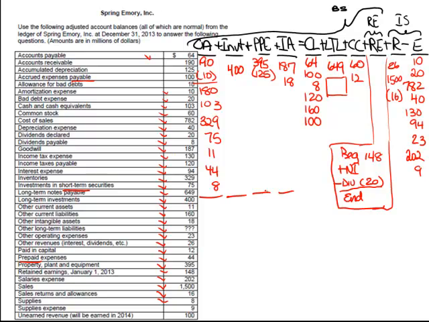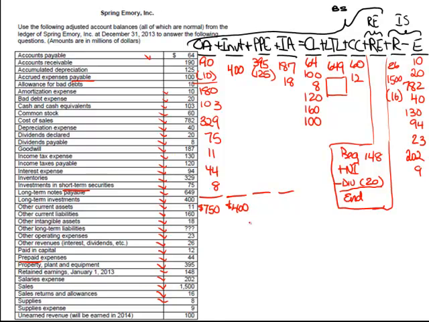As we can see, we can take that net realizable value of the accounts receivable, 180, plus the other current assets, and find that our total current assets come to 750. Our total investments come to 400.